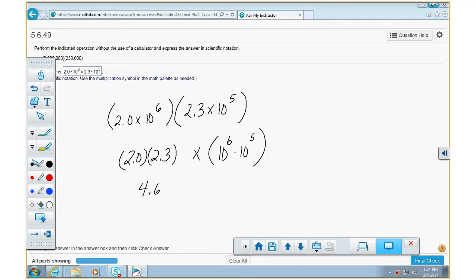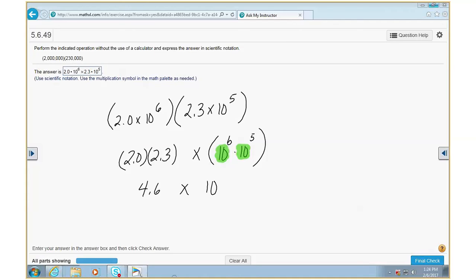But this one, same thing. Same base. So what do you do to the exponents? Add them: 6 plus 5, so your answer is going to be 4.6 times 10 to the 11th power. So you just calculated in your heads 2 million times 230,000.